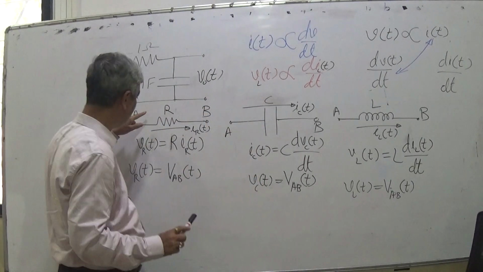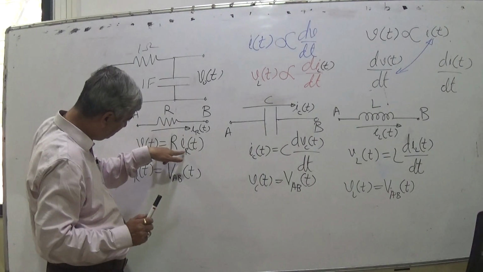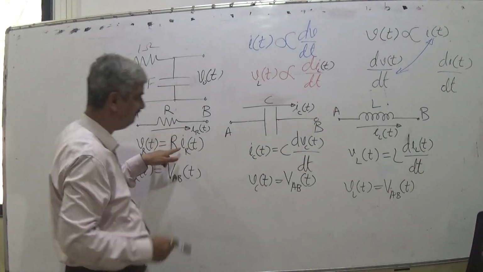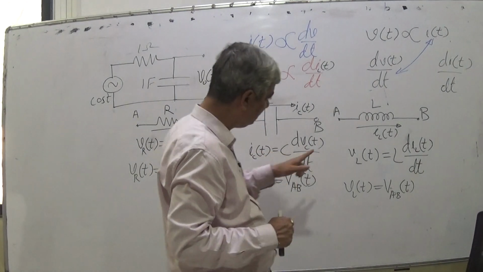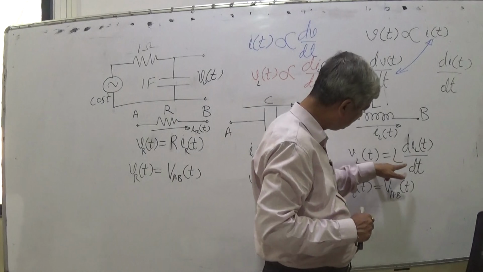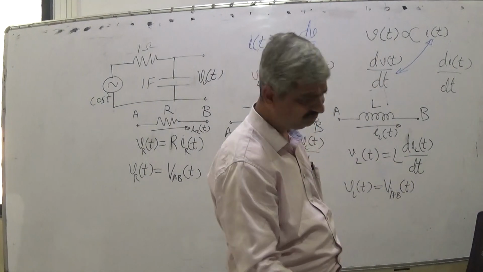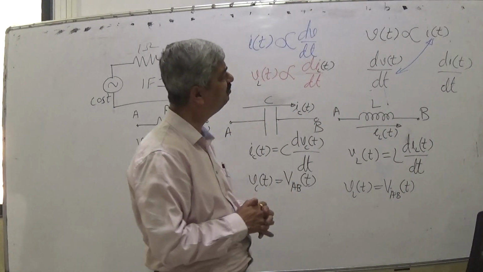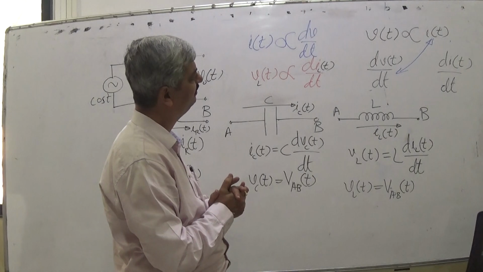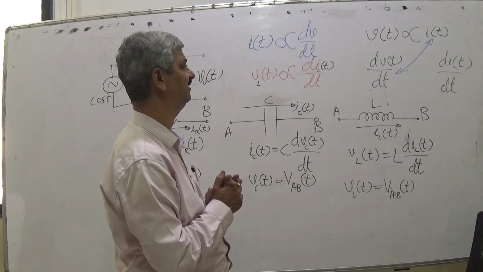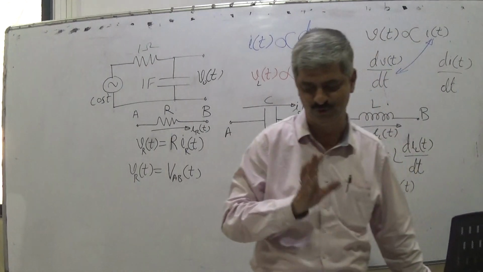So resistor has a direct linear relationship, capacitor has a differential relationship in one way, and inductor has a differential relationship in the other way. Now you may go on thinking whether it is a new theme I am introducing to you.